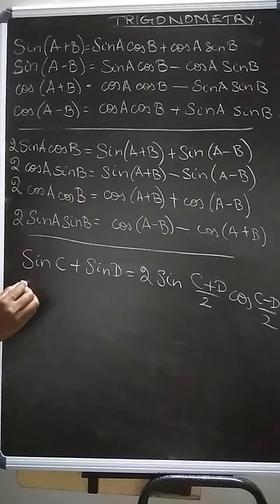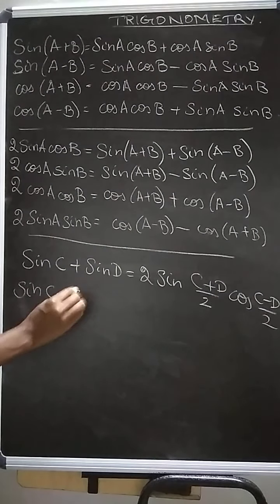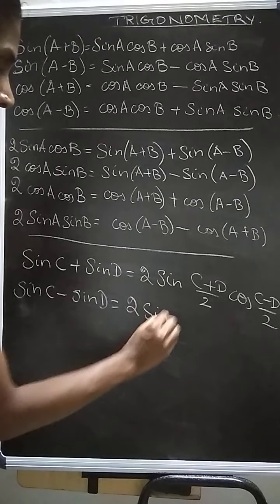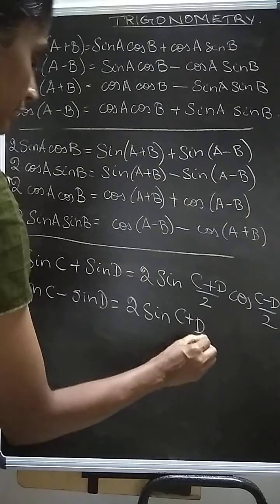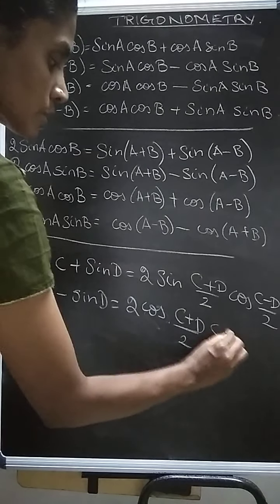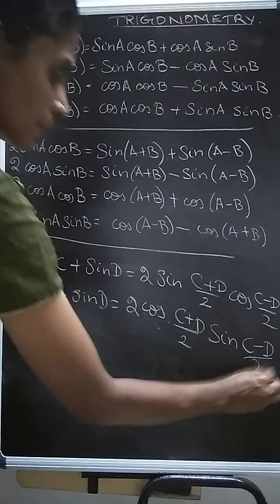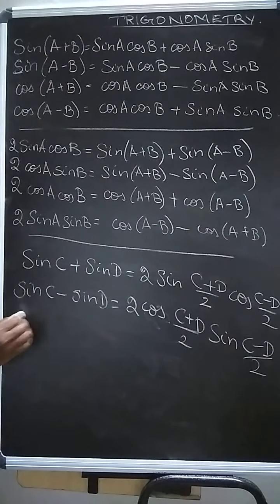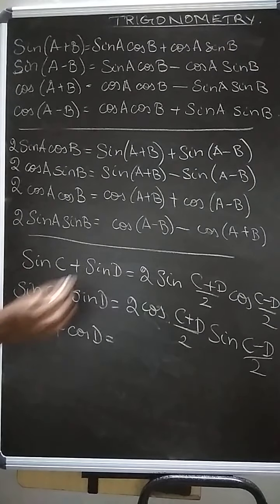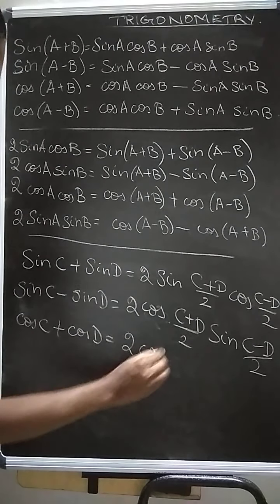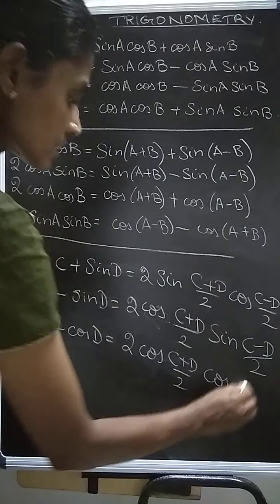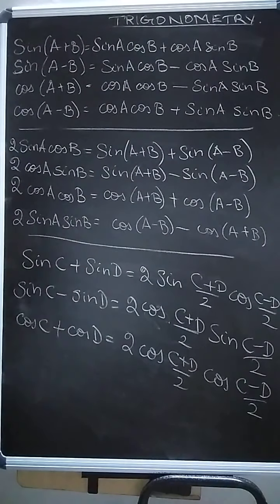Next, this formula, sin C minus sin D is equal to 2 cos (C plus D) by 2 sin (C minus D) by 2. Next, cos C plus cos D is equal to 2 cos (C plus D) by 2 cos (C minus D) by 2.